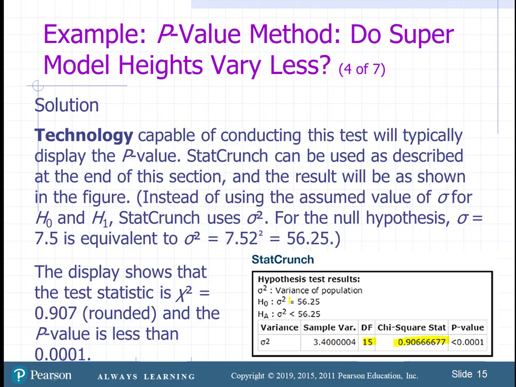Then we want to check whether our hypotheses are that our variance is equal to that of the population, or is it less than that of the population. That's where the number 56.25 comes in. And you'll see that the p-value is very small.